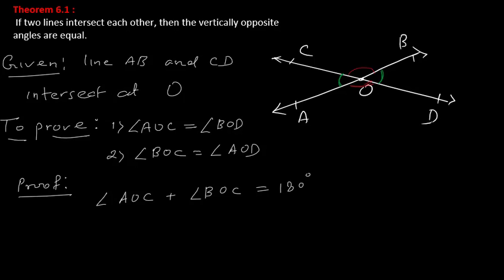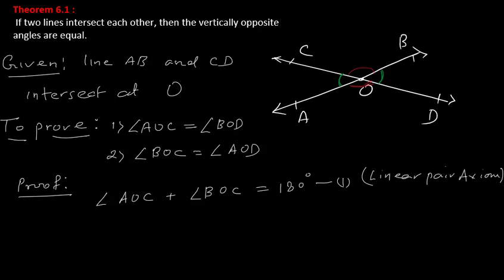So when there is a ray on a line, then the two angles which we get, their addition is 180 degrees. What is this? This is our linear pair axiom. So by the linear pair axiom, the sum of these two angles is 180 degrees.